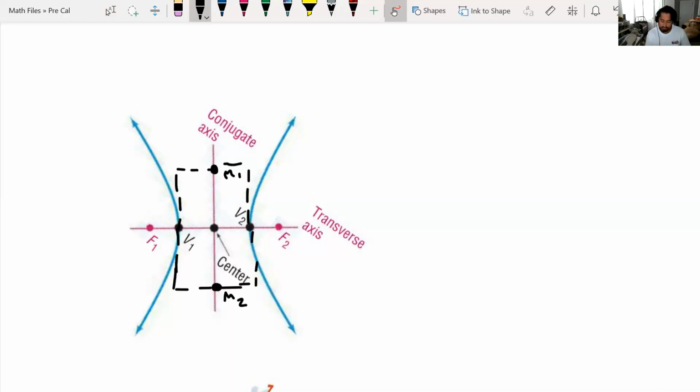And what's cool about this is that we have asymptotes that cut through the corners of this rectangle, and our hyperbolas follow those asymptotes.